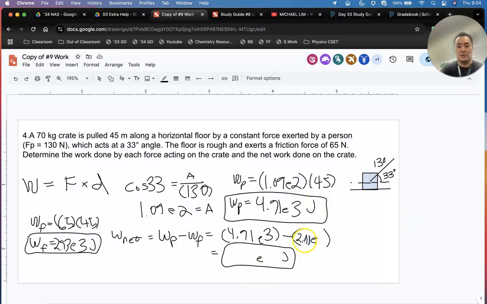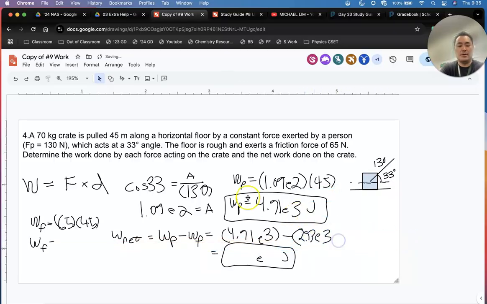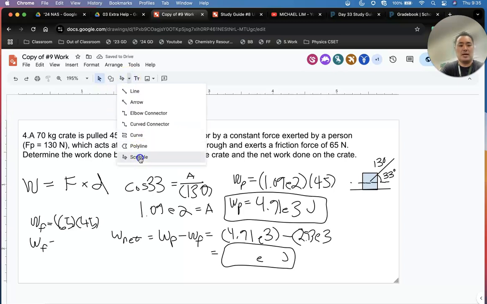It's just so hard to read. But I'm just moving over the work of the friction to this work of the person. Do this. Delete that. It's minus. Delete this. Put that over here. And Demore, do the subtraction.